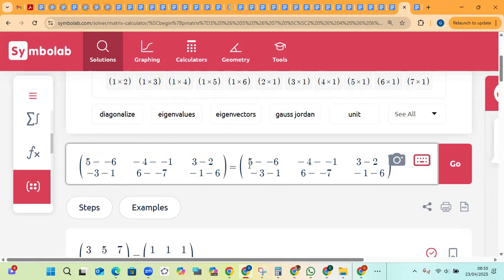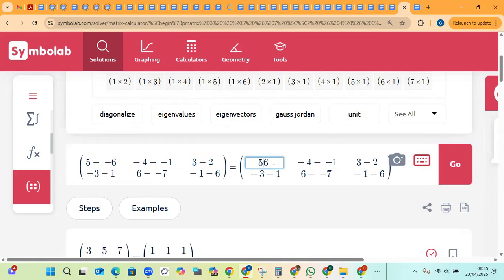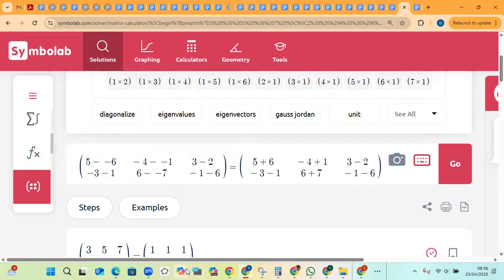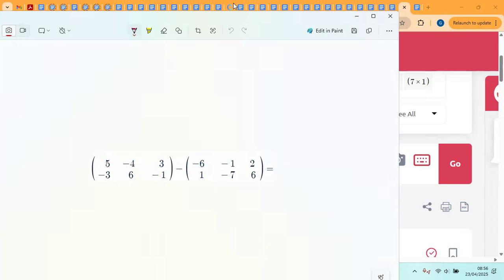So 5 subtract negative 6. That's 5 plus 6. Negative 4 subtract negative 1. Negative 4 plus 1. 3 subtract 2. Negative 3 subtract 1. 6 subtract negative 7. A negative times a negative is a positive. And then we've got negative 1 subtract 6. So we can take a screenshot of this.